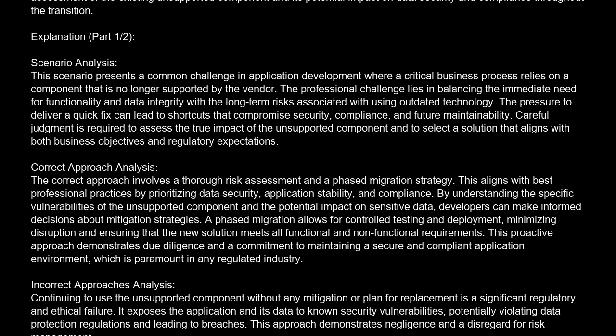Incorrect approaches analysis. Continuing to use the unsupported component without any mitigation or plan for replacement is a significant regulatory and ethical failure. It exposes the application and its data to known security vulnerabilities, potentially violating data protection regulations and leading to breaches. This approach demonstrates negligence and a disregard for risk management.